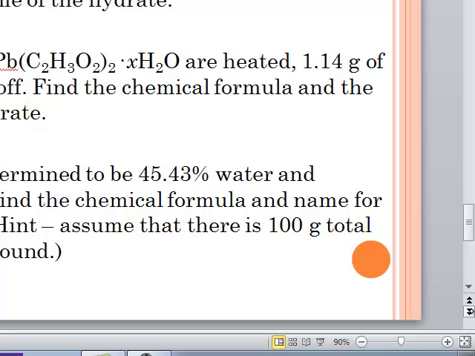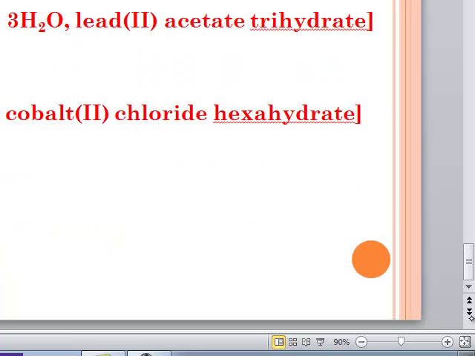Go through the process of determining the mole ratio of the anhydrate and water, and now you can get the hydrate formula, and from that you can get the name of the hydrate. Pause your video now, get a piece of paper, work out detailed solutions for those 3 problems, and then you can compare the answers on the next slide.